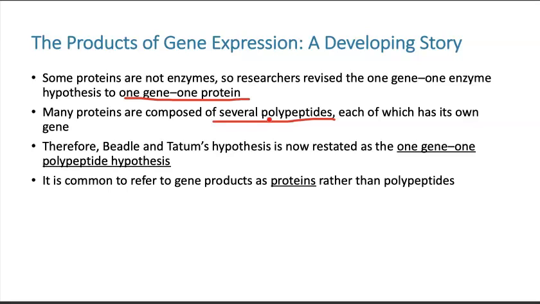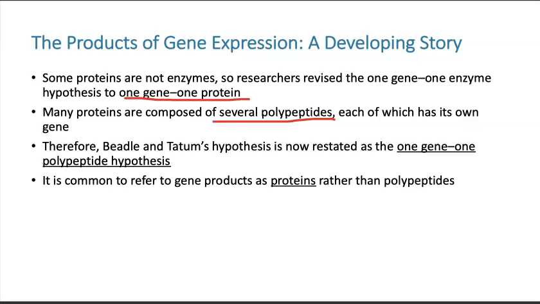So what Beadle and Tatum decided was that it was one gene, one protein, but now we say one gene, one polypeptide. Yes, that's what we say, but remember that we often just call polypeptides proteins. So it's a little squishy.